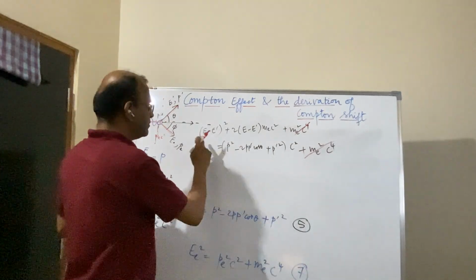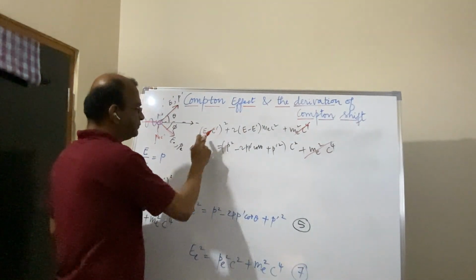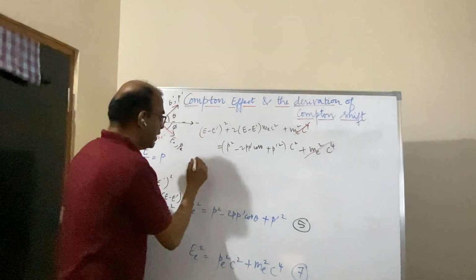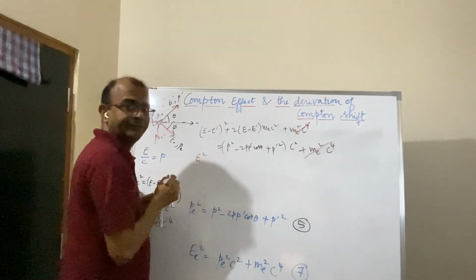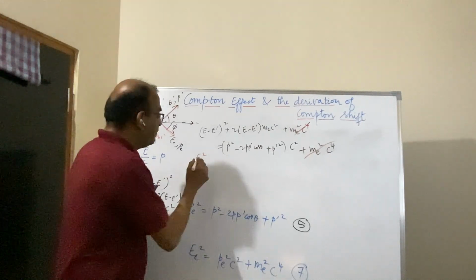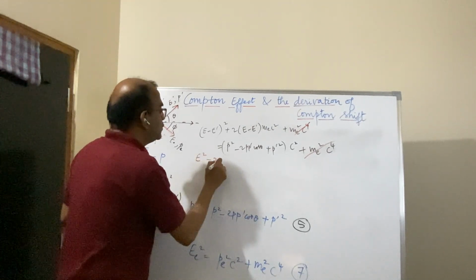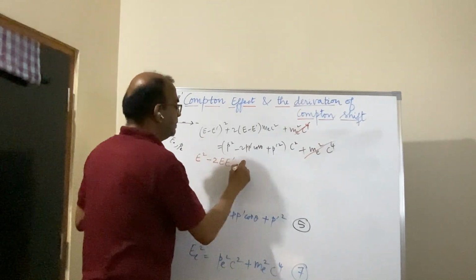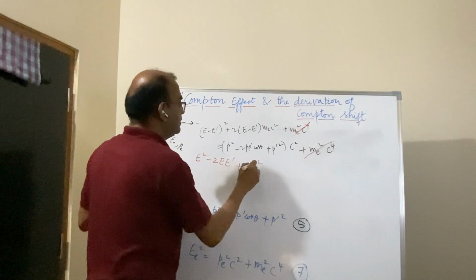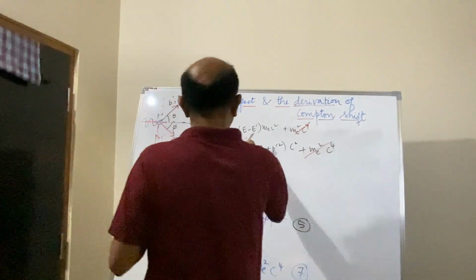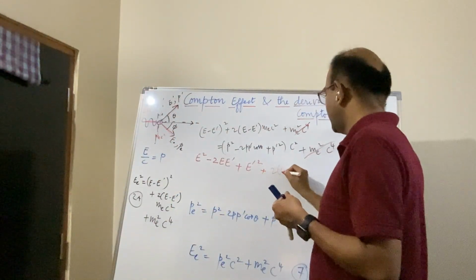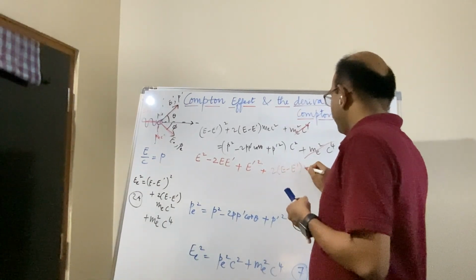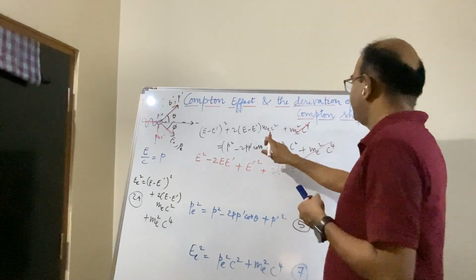And then the remaining terms we can proceed to expand. This is E minus E prime whole squared, A minus B whole squared, so we can write A squared minus 2AB plus B squared, plus this whole term is still there, so I'm going to continue writing that as such, 2 times E minus E prime times MEC squared.